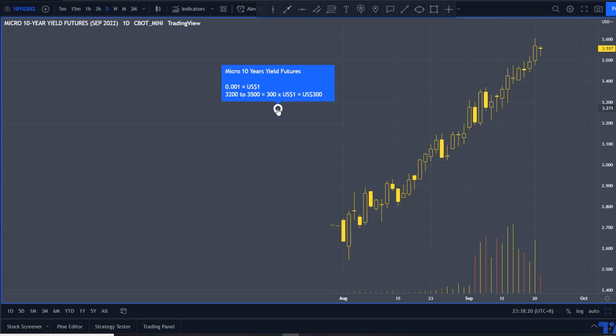Now, first of all, we have to understand that the contract spec states that every 0.001 point is equal to $1. If at the beginning of this month in September, say it's about 3.2, and I'm expecting that the yield is going to continue to rise, I may want to buy into this micro 10 years yield futures at about 3.2, and now it's about 3.5.